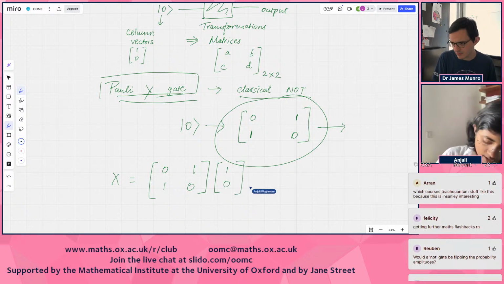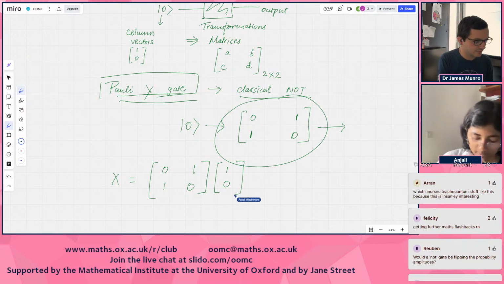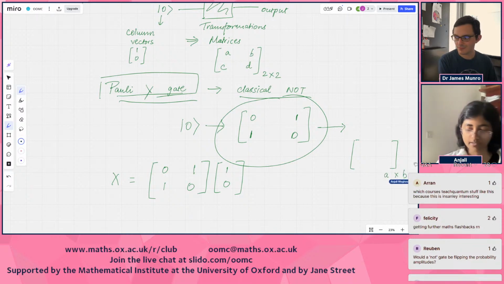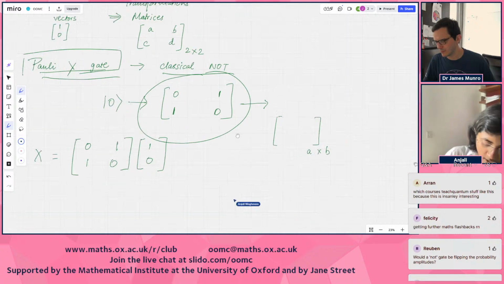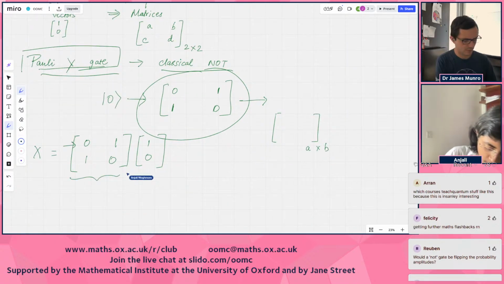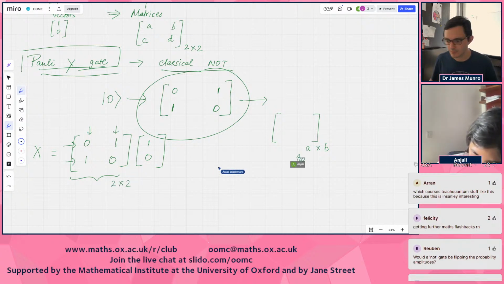And there are only special kinds of matrices that you can multiply. It turns out every matrix has a certain number of rows and a certain number of columns. So for this matrix, you have 2 rows and 2 columns. So it's a 2 x 2 matrix. We write rows into columns.